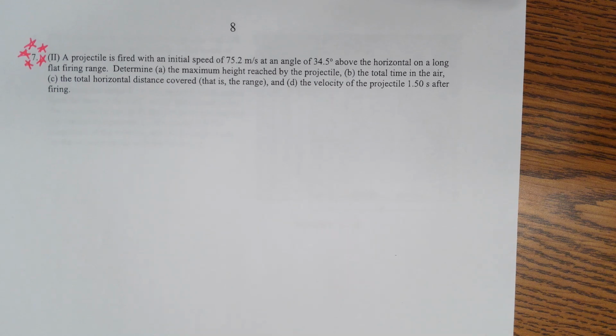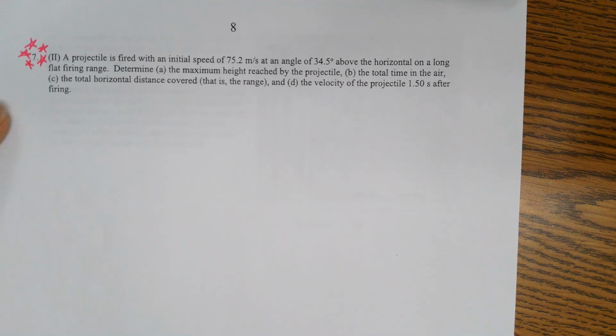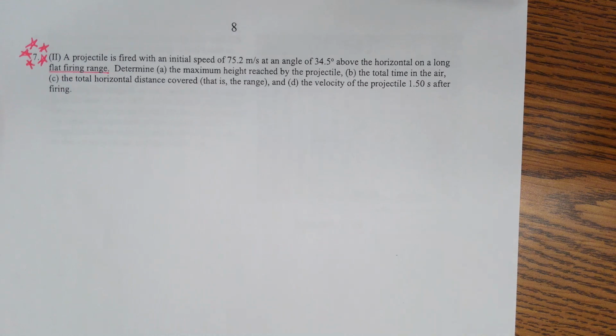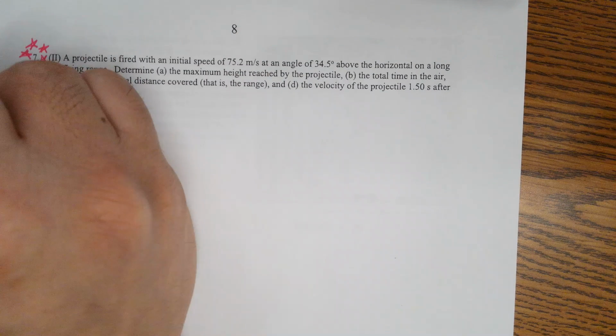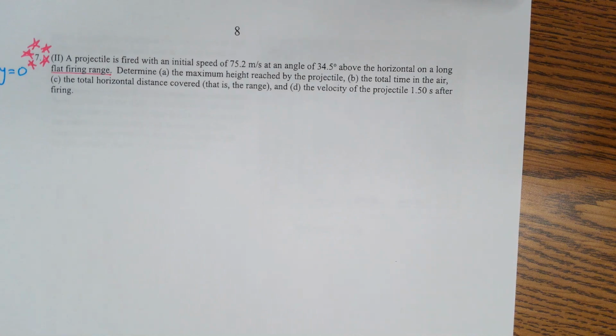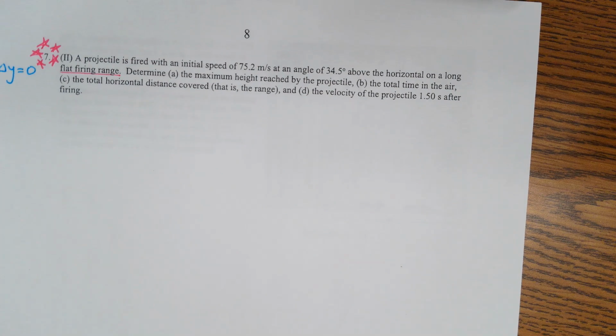A projectile is fired with an initial speed of 75.2 meters per second at an angle of 34.5 degrees above the horizontal on a long, flat firing range. So, flat firing range means that we have delta y equal to 0. That's what that means.